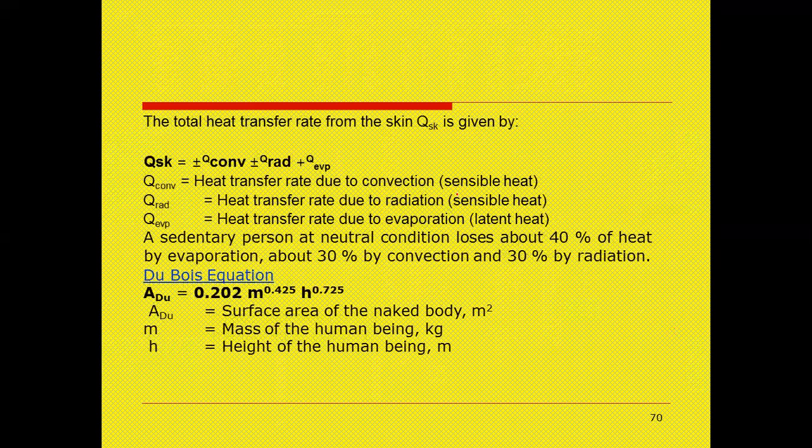Next, the total heat transfer rate from the skin. Qsk is given by plus or minus Qconv plus Qrad plus Qevap. Qconv is the heat transfer rate due to the convection process, which is sensible heat.